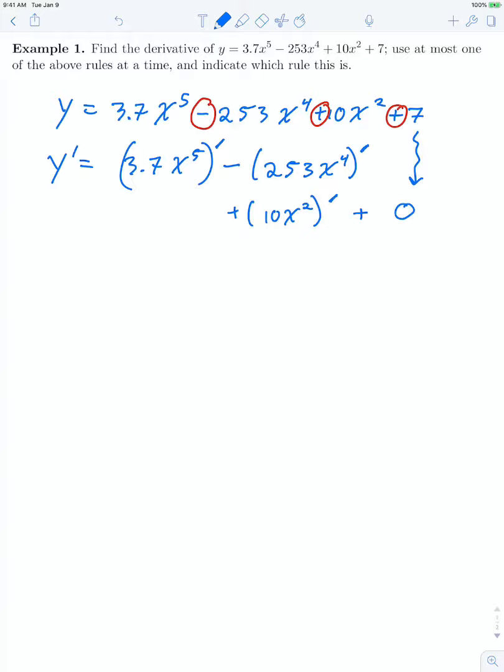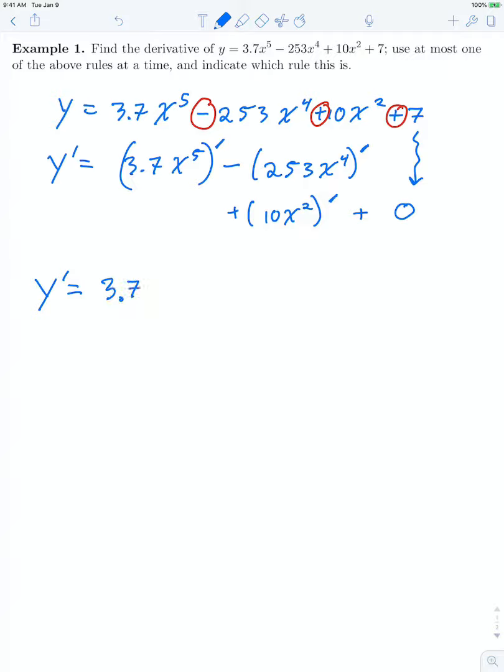Okay, for the second step, I'm going to use the constant multiple rule. And this says if you have a constant multiple times your function, you don't have to do really anything to the constant multiple. People say it goes along for the ride. And so the way that looks here is I'll just write it, and then still I'm not quite going to take the derivative all the way yet.